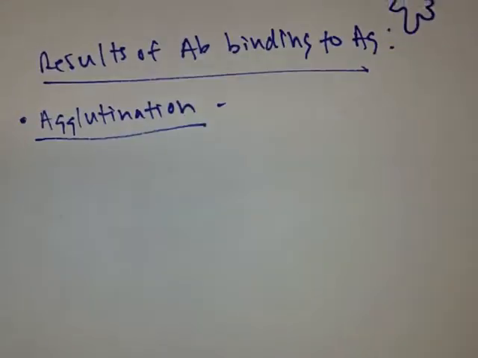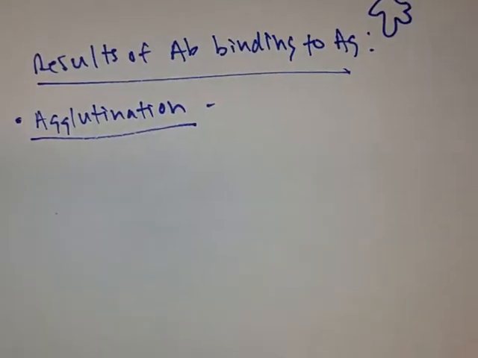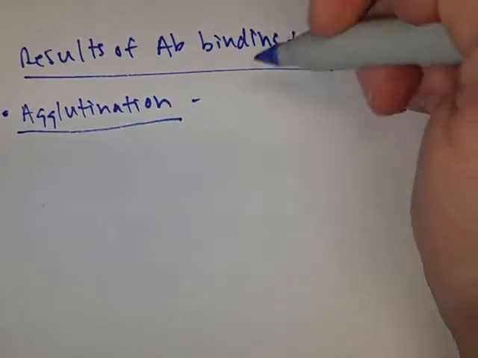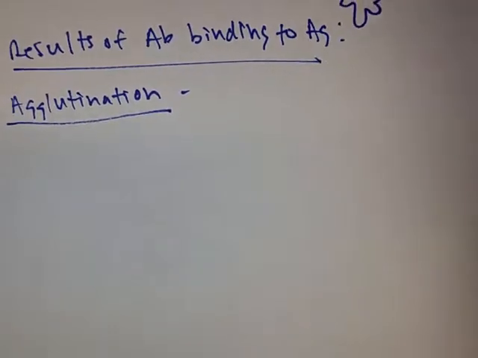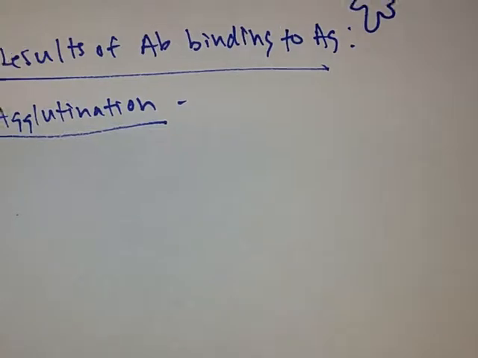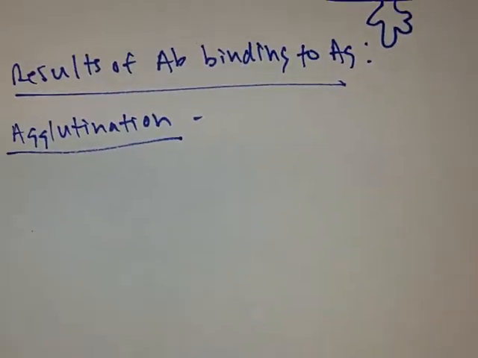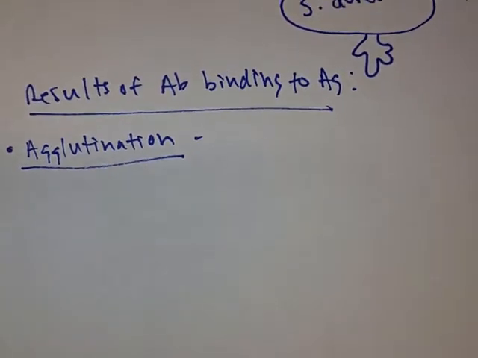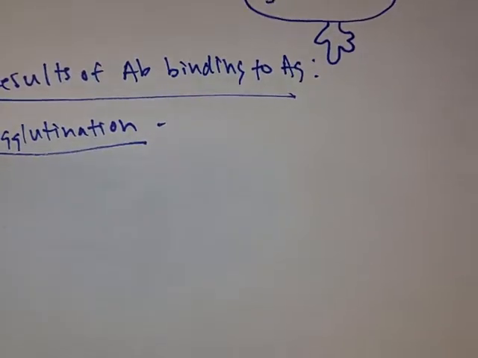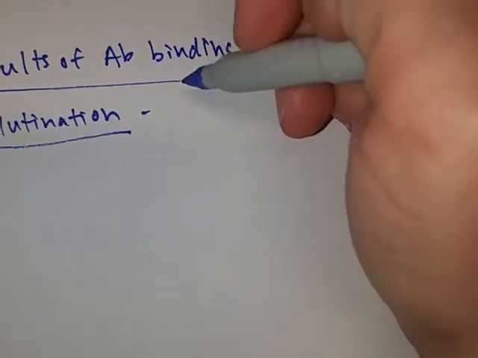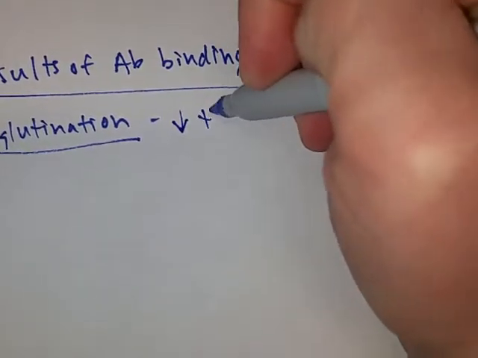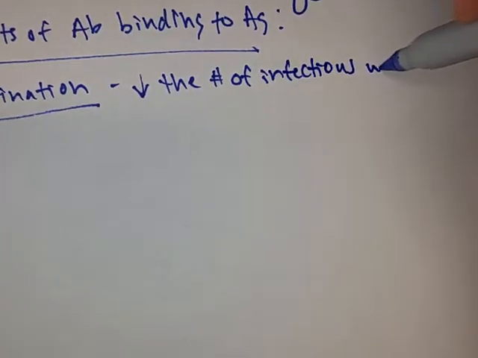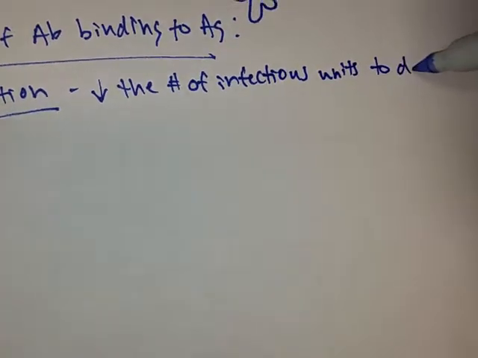When we have agglutination, all those antibodies cross-link and clump up the bacteria to reduce the number of infectious units to deal with. So instead of a macrophage having to chase down 100 different S. aureus, the antibodies clump them into just a few groups, like a group of 30, and it can engulf them all at once.